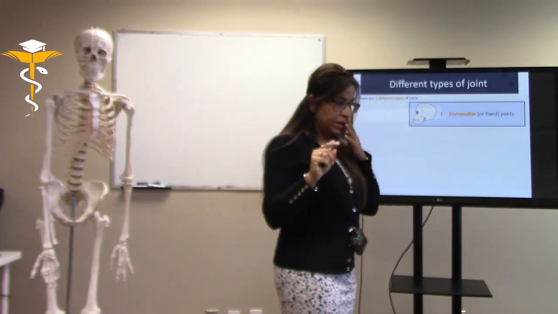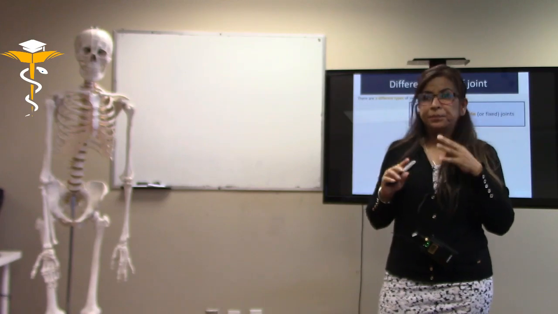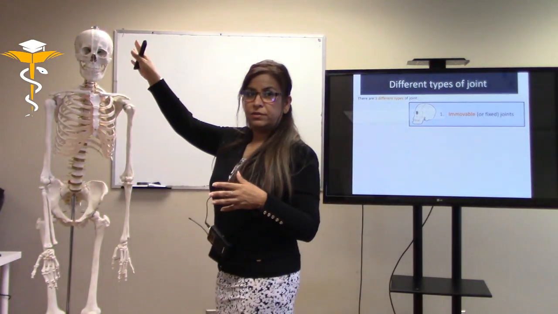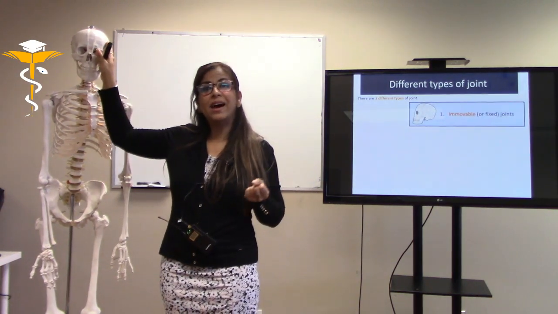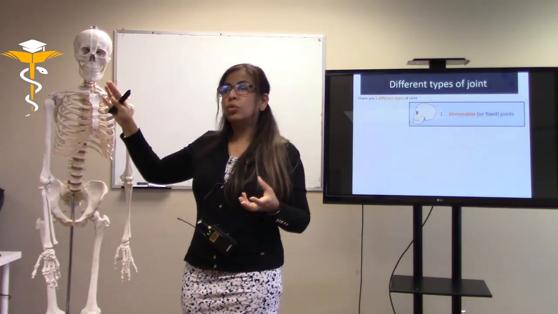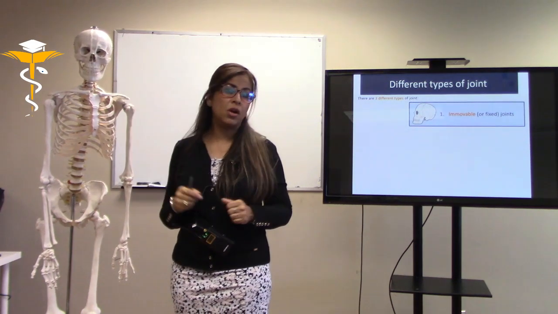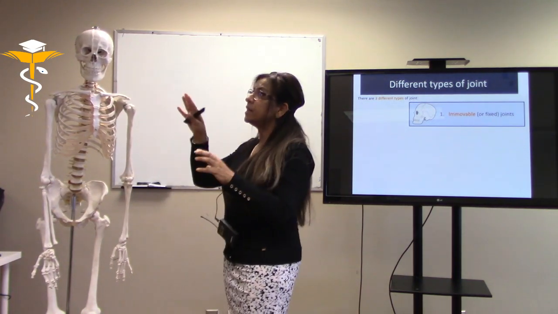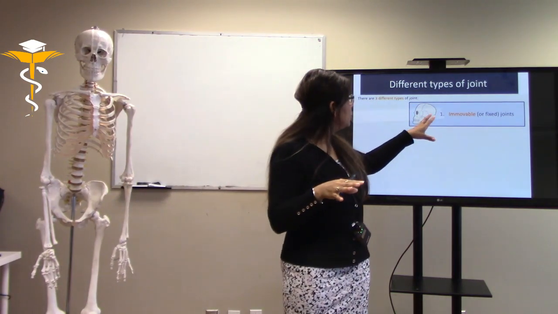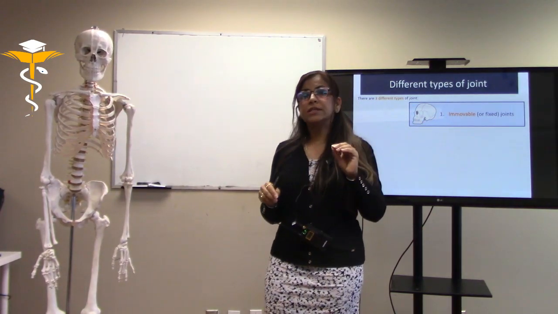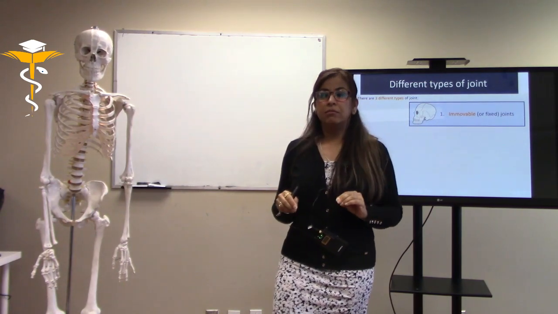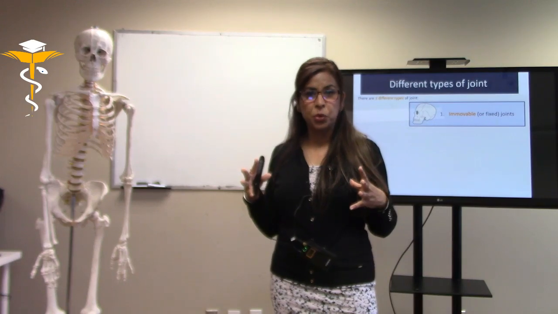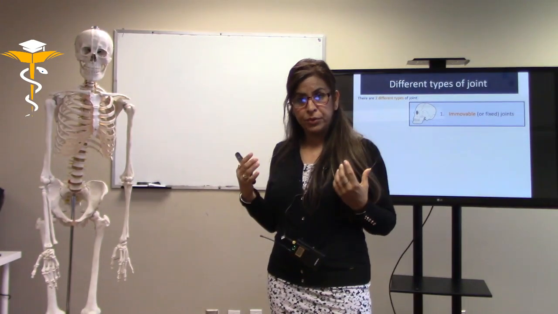Another important thing I wanted to mention is, if this was very rigid and very tight, then any blow to the skull would cause a crack right away. So even though it's called an immovable or fixed joint, there is still slight movement, I would say not movement, but the expansion that happens for the soft tissues inside the brain.